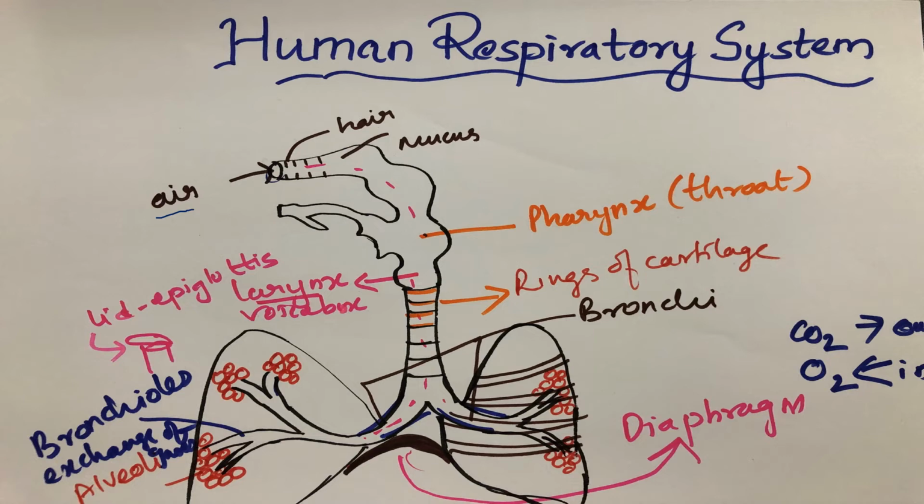At the end of the bronchioles, we find air sacs called alveoli. In human beings, the exchange of gases takes place across the alveoli. Carbon dioxide is released, oxygen is absorbed.